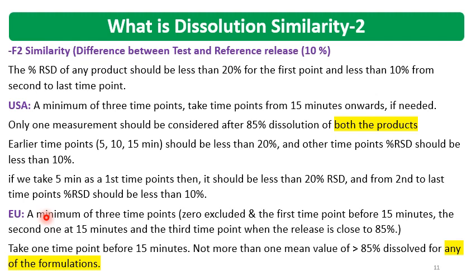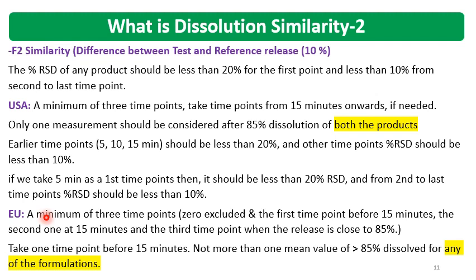So we will see the US requirement and the EU requirement for this F2 calculation now, because many people are confused between these two requirements for the US and Europe. So as per the US, a minimum of 3 time points are taken. Take time points from 15 minutes onward if needed. Then only one measurement should be considered after 85% dissolution of both the products.